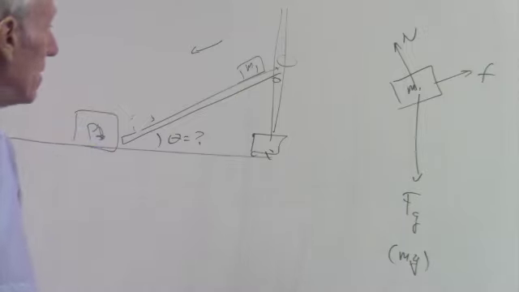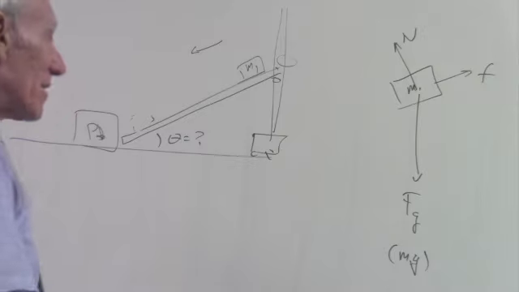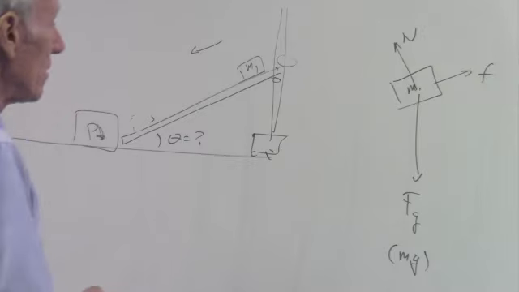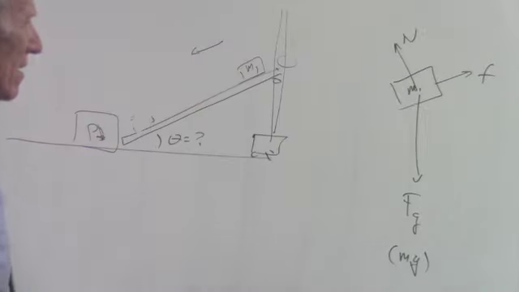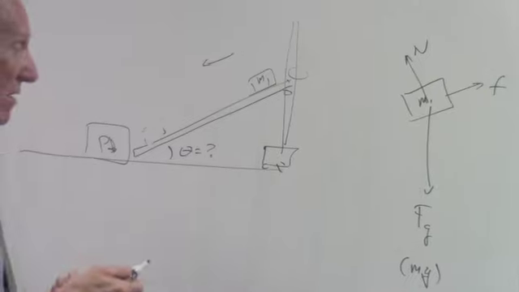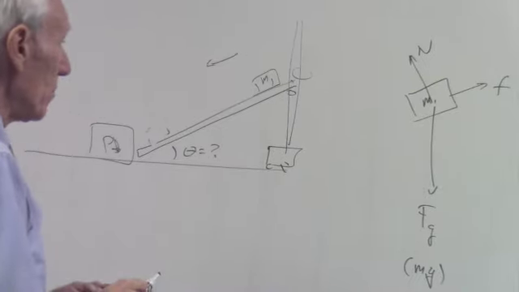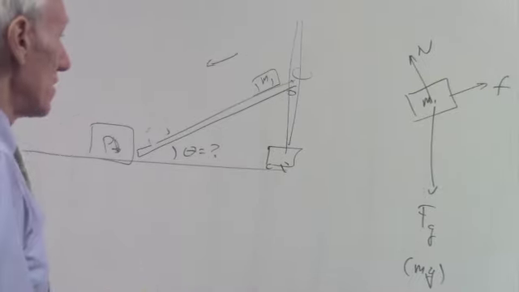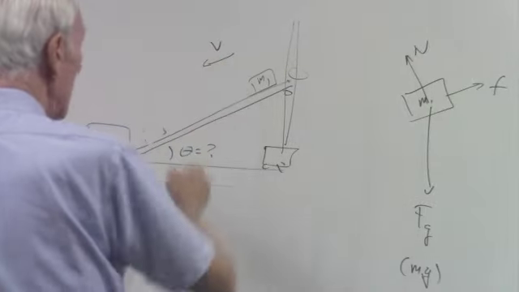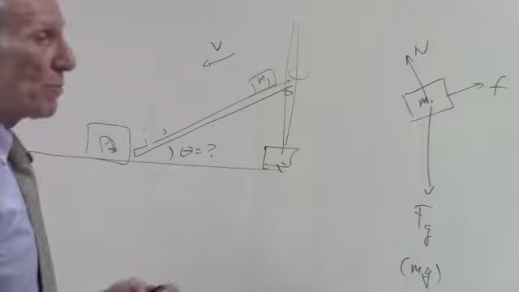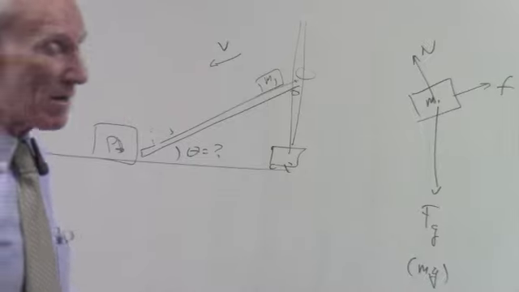Now, we have kind of a choice here, and maybe the best choice isn't so obvious, but since it's moving in this direction on the inclined plane, let's take that as not only the direction of motion, but the direction for one of our coordinates. And so the motion is down the incline, and so let's pick the plus x direction as down the incline.